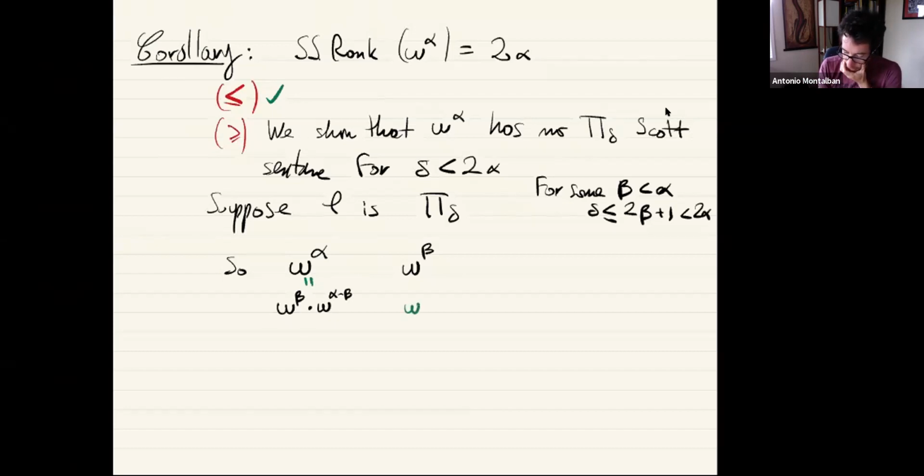And omega to the beta is the same as omega to the beta times 1. So if this one is our A and this one is our B, we know that A is greater than or equal to B, because B has one element and the other one has infinitely many.